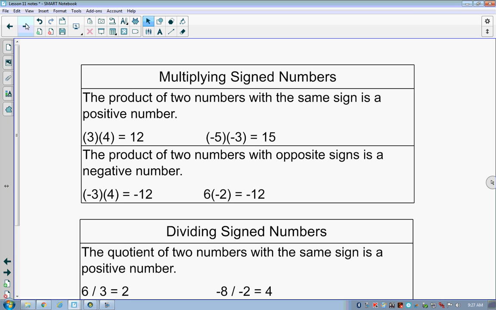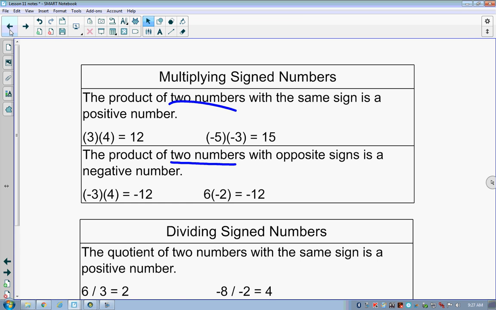Now this says, notice this, two numbers, right? When we throw in a third number, things can change, right? Whether I have two negatives and a positive, or two positives and a negative, something like that. All right, but we're talking about two numbers. Rules change when we throw in more numbers, right? Okay, so two numbers.